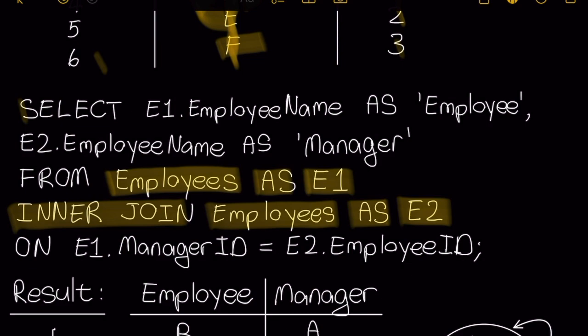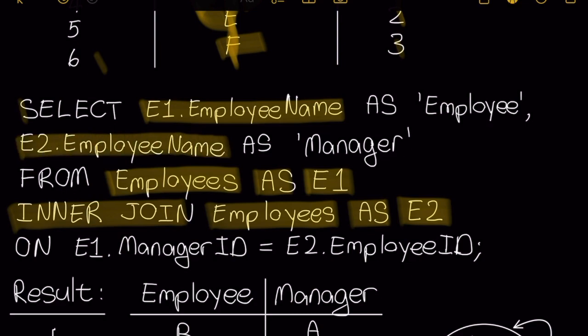And when we're selecting all of the columns, we have to use the aliases that we gave them. So E1 employee name and E2 employee name, and we rename them as employee and manager to make the table more readable.